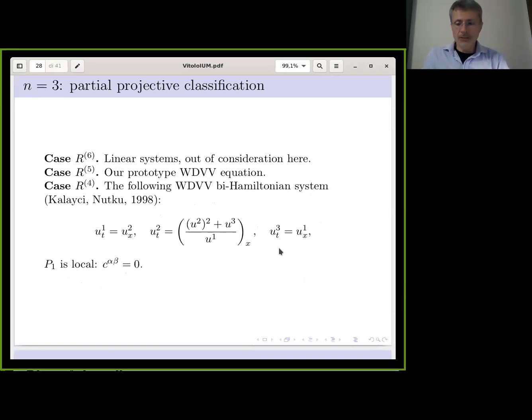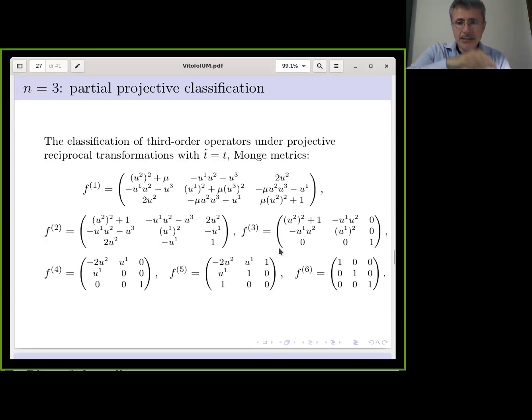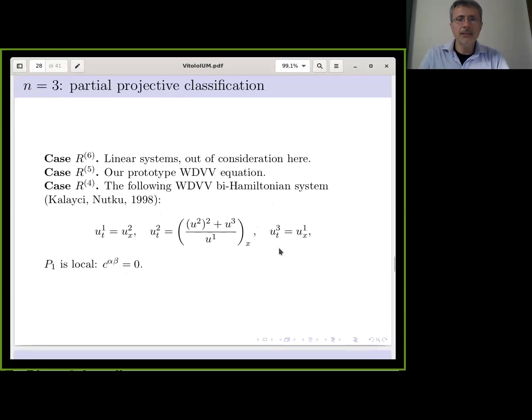So if we consider R6, you see that it is a constant coefficient matrix, not very interesting. Linear systems, we do not consider them. R5, the WDVV equation, which is our prototype, and this has been found very many years ago by Ferapontov, Mokhov, and Nutku and Galvao in 98, I think.